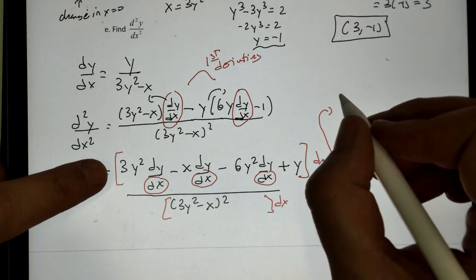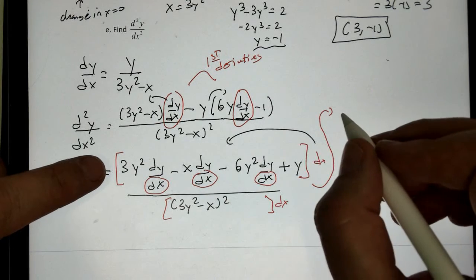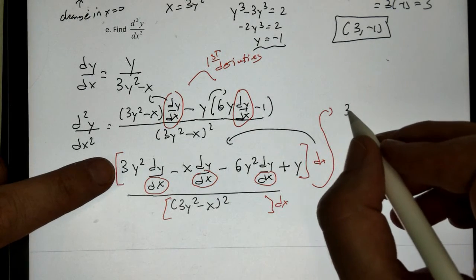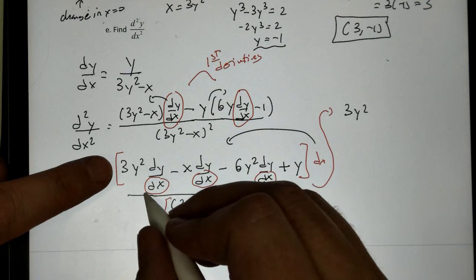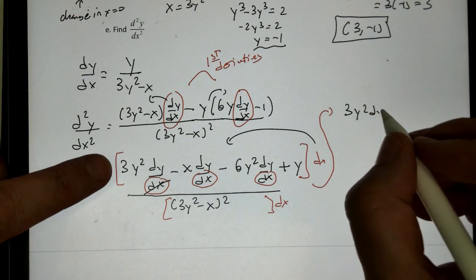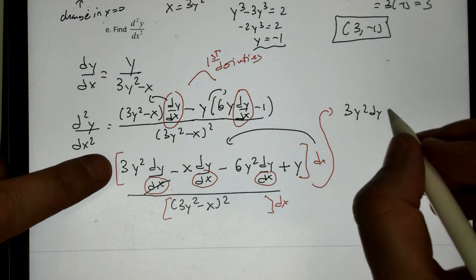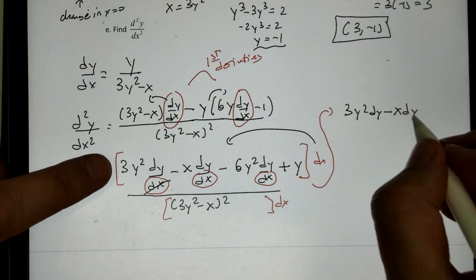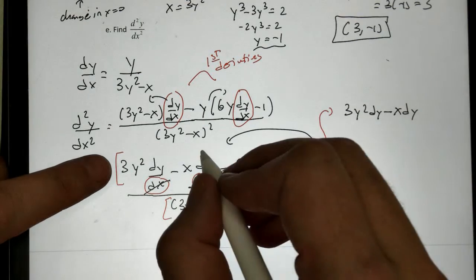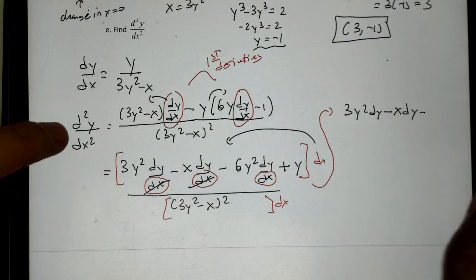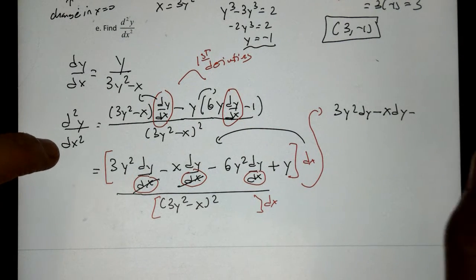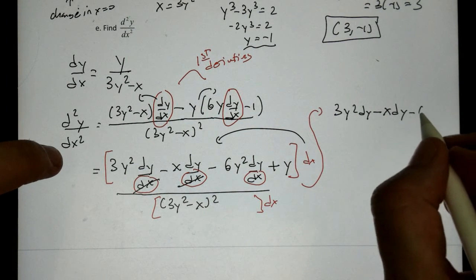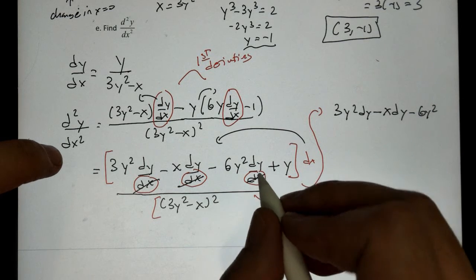And if we do that, if I distribute now, we're going to wind up with 3y squared. The dx will cancel, but I'm still left with this dy. Minus x dy. Again, that dx will cancel when I distribute. Minus 6y squared dy, again this dx will cancel.